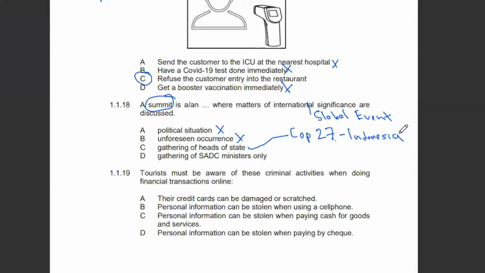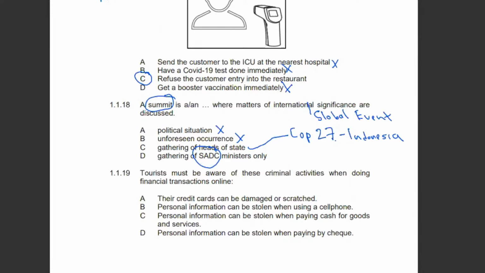That is the definition of a summit. Then, gathering of SADC ministers only. This one won't be correct because SADC only refers to the Southern African Development Community, which comprises only the Southern African states. If you go back to the question and highlight this keyword, it says of international significance.